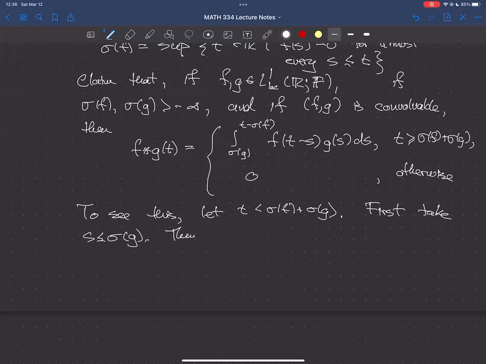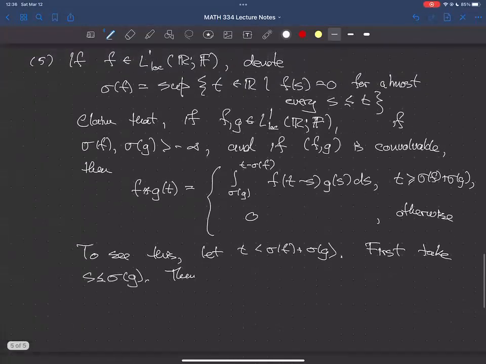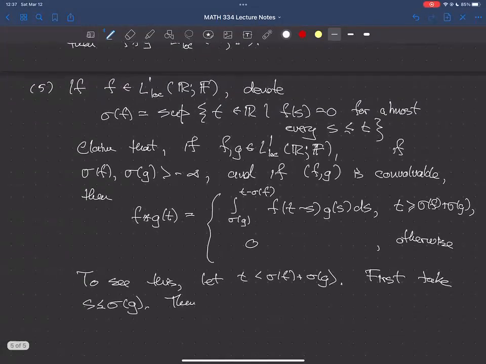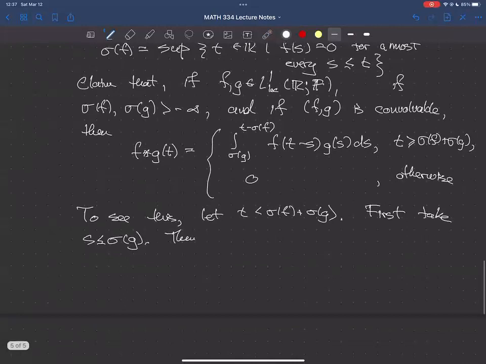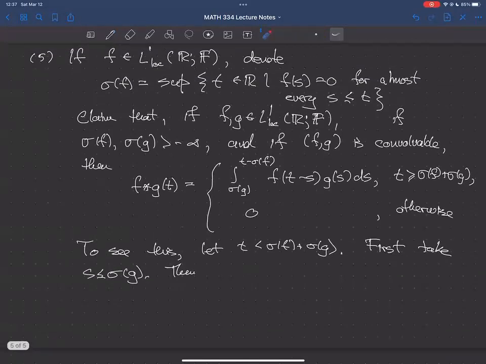I'm going to be a little tiny bit careless here. So remember that sigma means that this is equal to 0 for almost every s. I'm just going to go ahead and assume that it's equal to 0 for every s, which I can do without loss of generality here because I'm integrating. It just saves me from having to fiddle around with almost everywhere stuff. Okay, and so the point is that if s is less than sigma of g, then g of s is equal to 0.